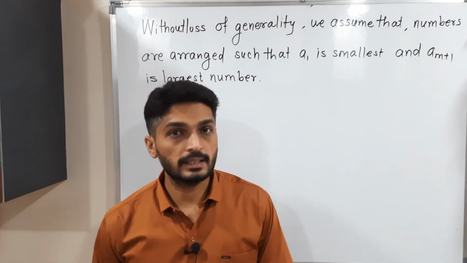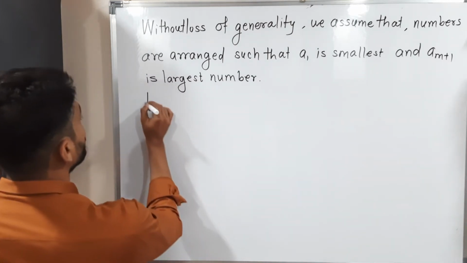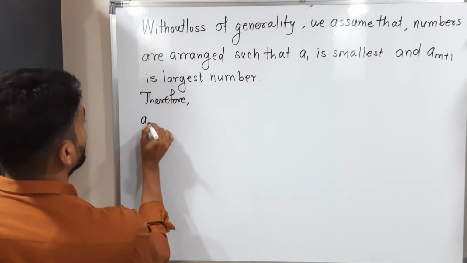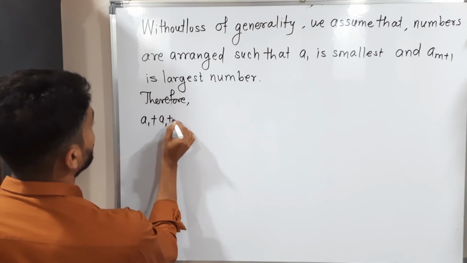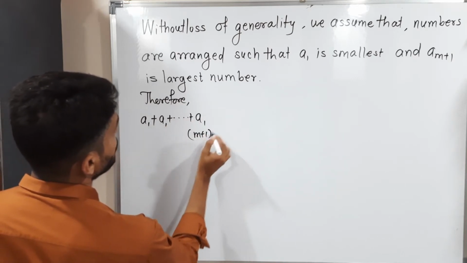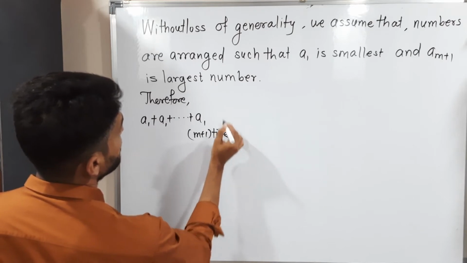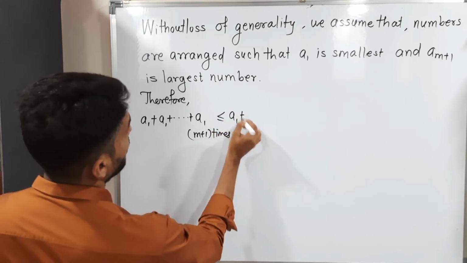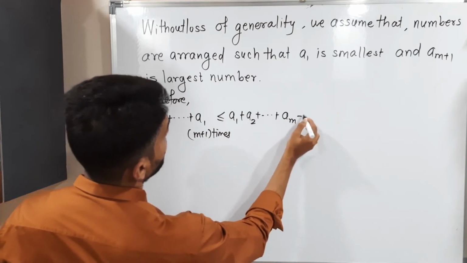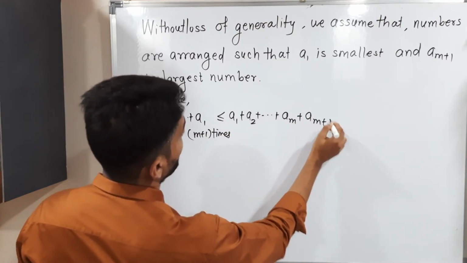So in that case I can write, therefore, a1 plus and so on, a1 added m plus 1 number of times, is less than or equal to a1 plus a2 plus and so on am plus 1.